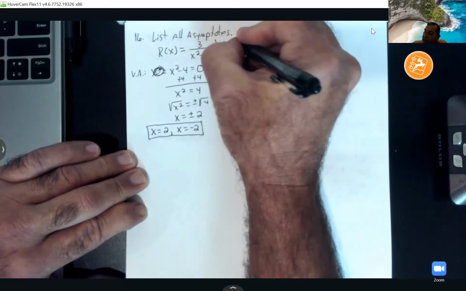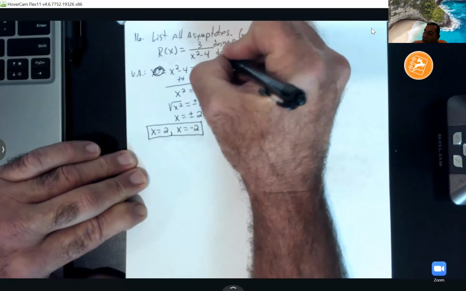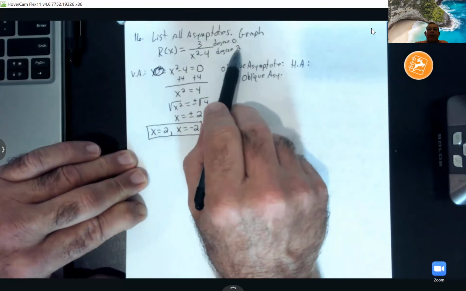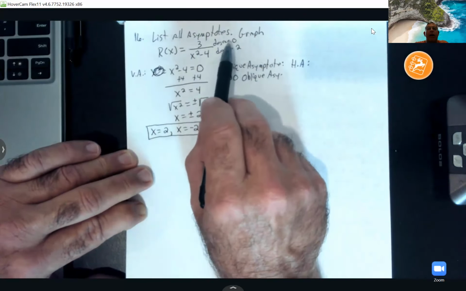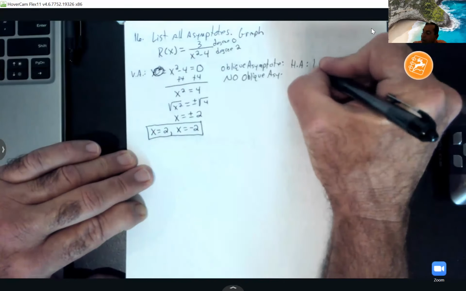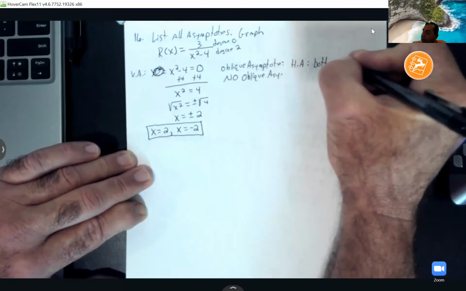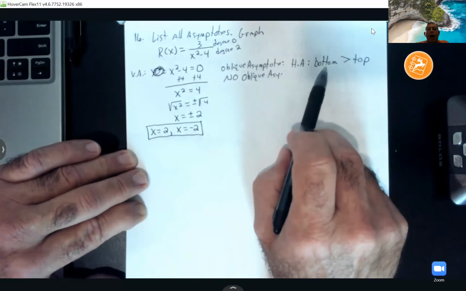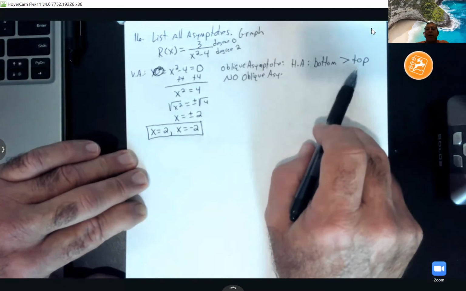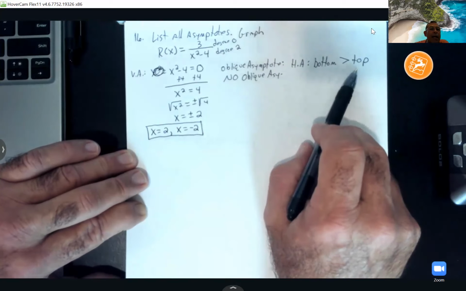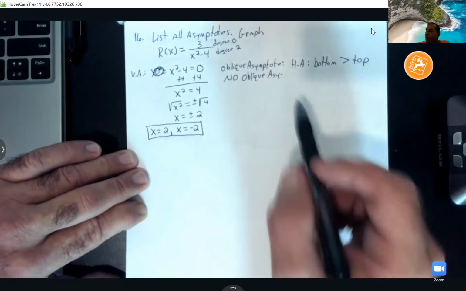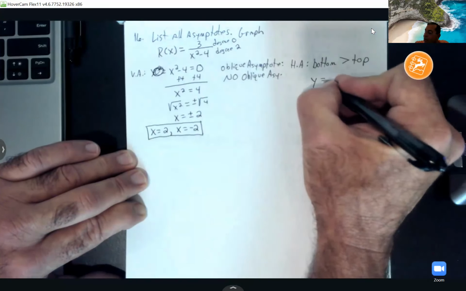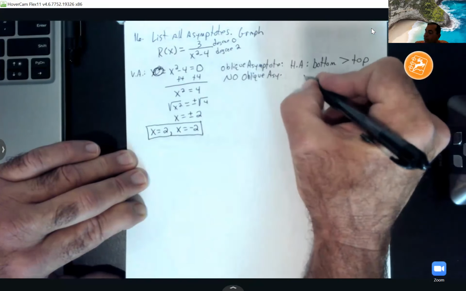So degree 0 on top, degree 2 on the bottom. So the bottom is greater than the top. So when the bottom degree is greater than the top degree, then it's going to be y equals 0.